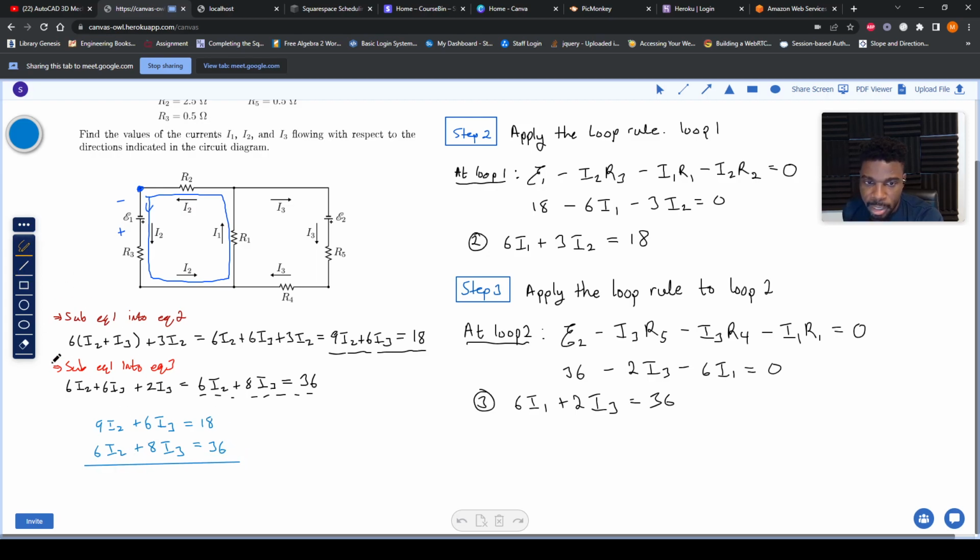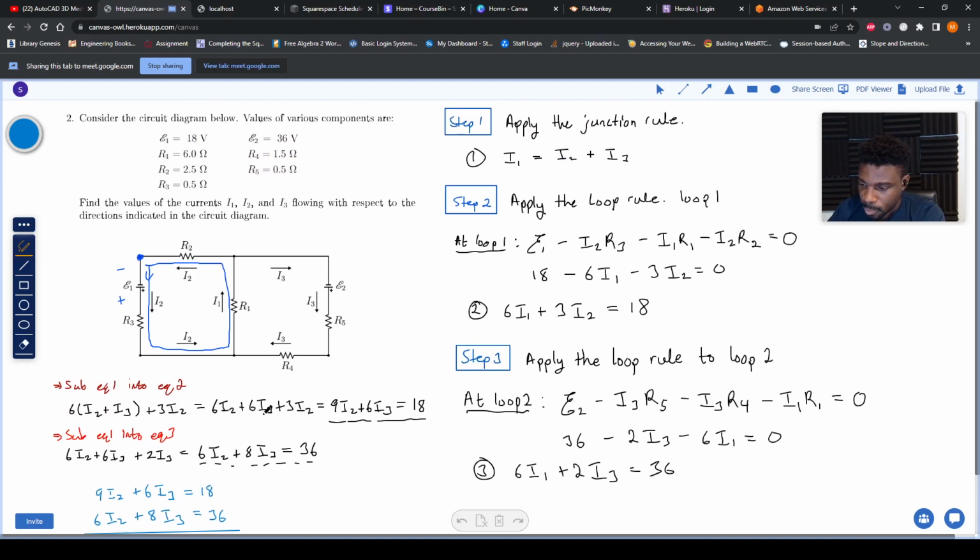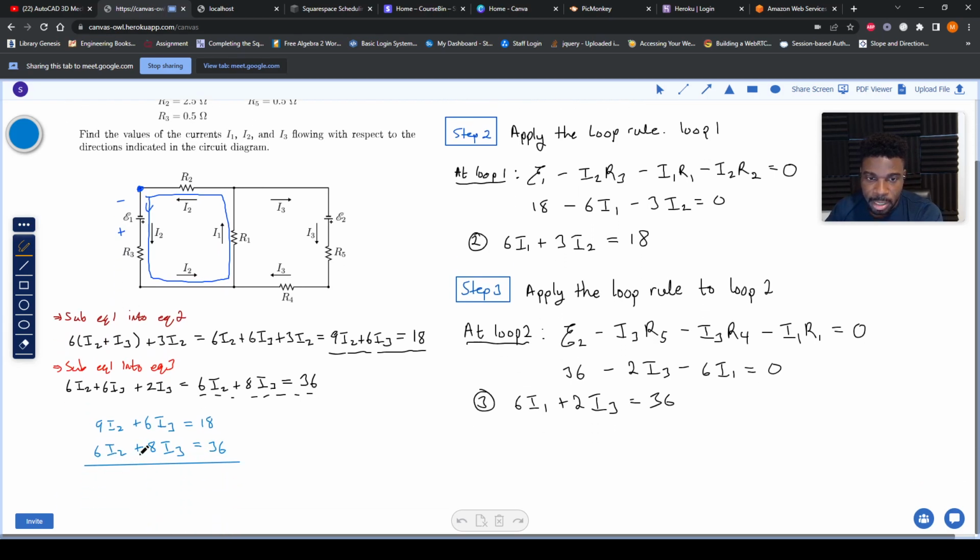Right, and here we can apply the elimination method to get rid of one of the variables. Since these are not the same coefficients, we need to first choose which variable we want to eliminate and then multiply its equation by the correct factor so that we have the same coefficients in the column. Let's say we want to solve for I2 first. Divide the first one by 3 and divide the second one by -2.